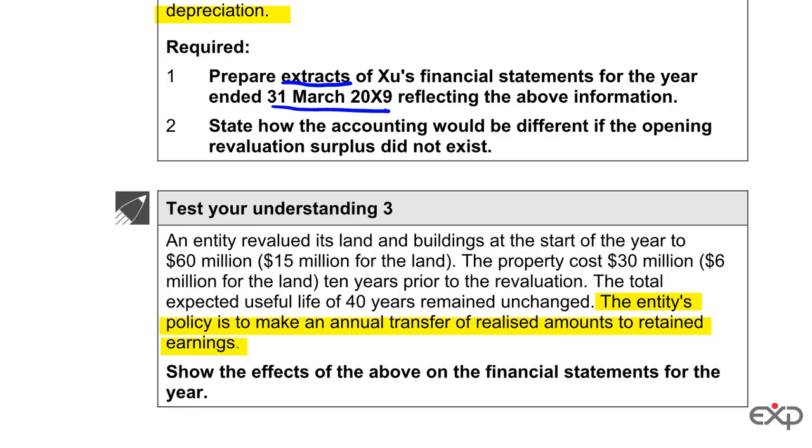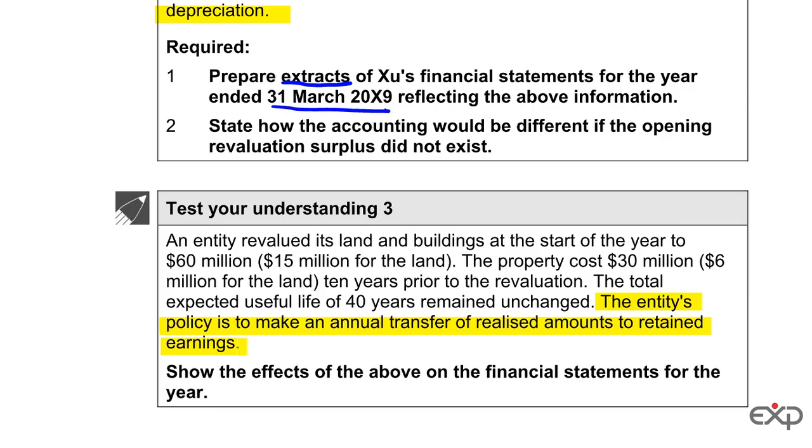So what we're going to do is to transfer a sum from the revaluation surplus through SOCI to retained earnings to compensate for that loss in value. And the amount that you take out is the additional depreciation that's being charged as a result of revaluing.